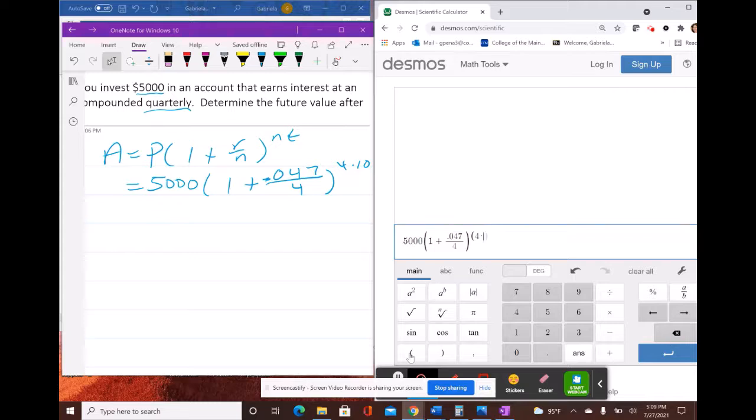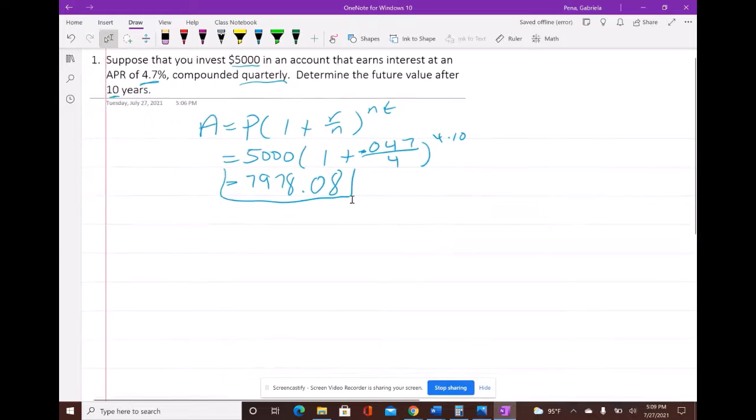Make sure that you put this in parentheses. If not, it's not going to calculate correctly. So my answer is 7,978 dollars and 8 cents. Just double checking I input everything correctly, and I did. So that's how you would work on that problem right there.